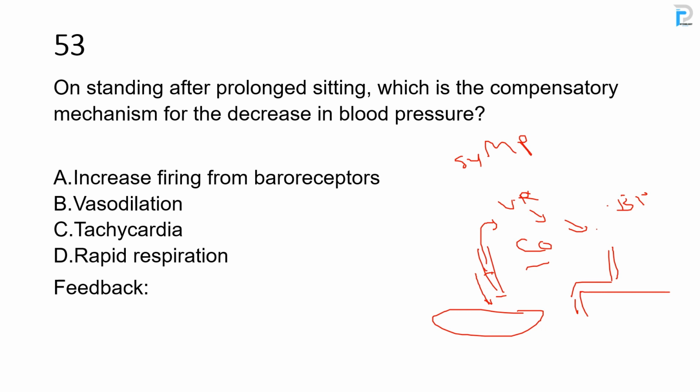This vasoconstriction increases total peripheral resistance and increases blood pressure. Sympathetic also activates our heart, and that is going to increase heart rate.